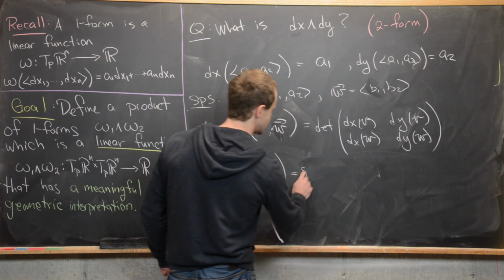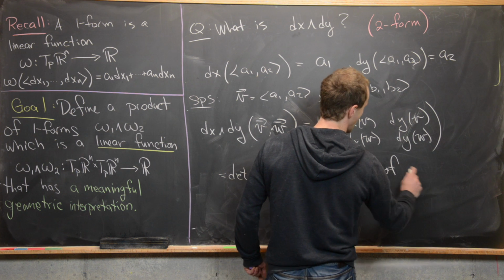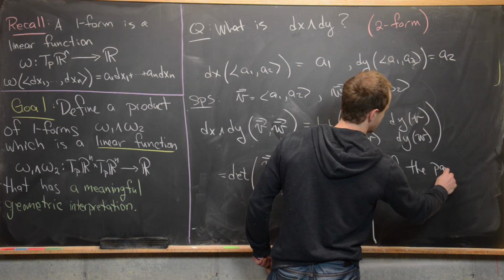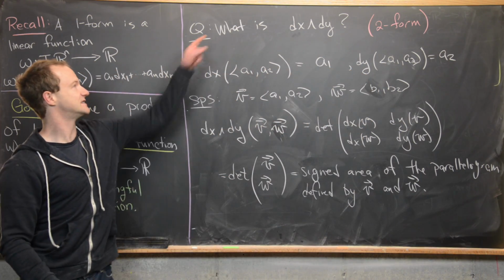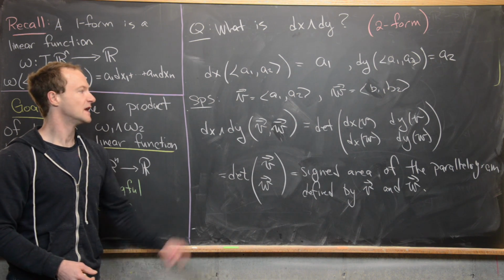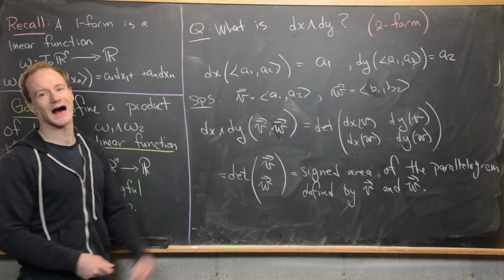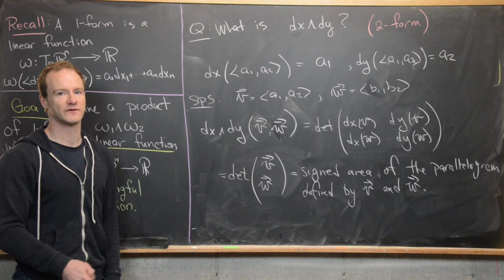But notice that that is just the signed area of the parallelogram defined by v and w. So that is the geometric interpretation of this dx wedge dy. And you'll see that if we boost this to higher dimensions, we get a similar geometric interpretation, which we'll explore in further videos.